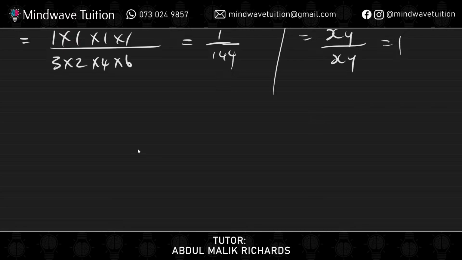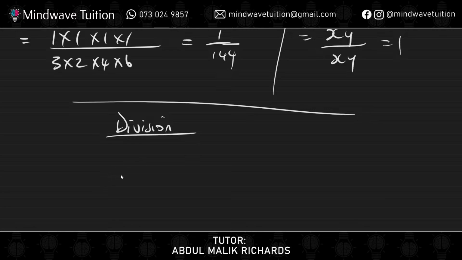And then lastly, division. When we're dividing fractions, so let's say 1 over 3 divided by 5 over 3 as an example, you want to not use division. We use a method, let's call it tip and times.